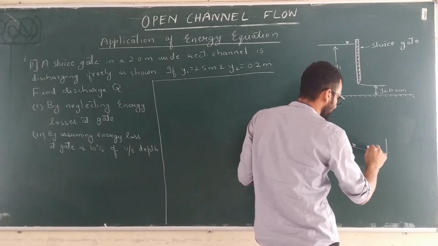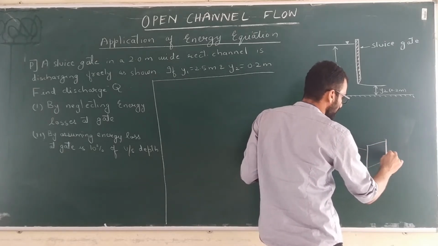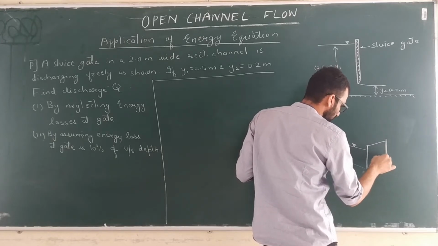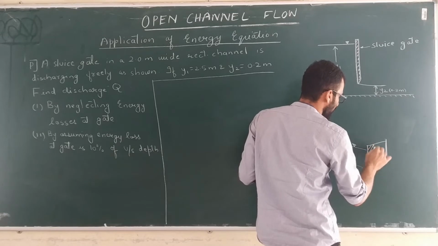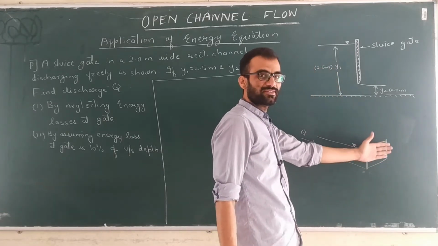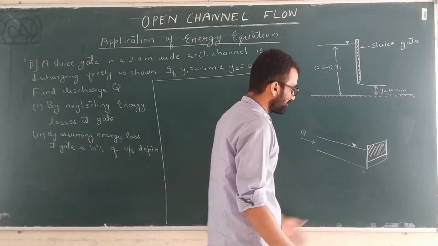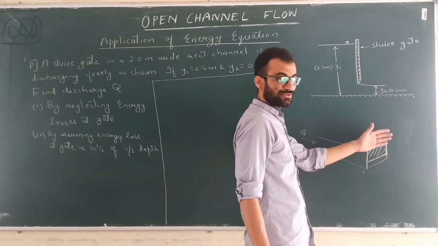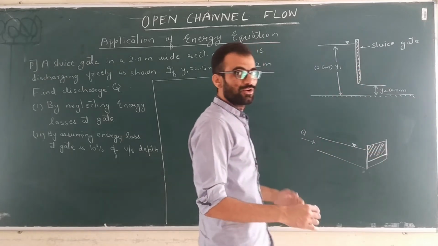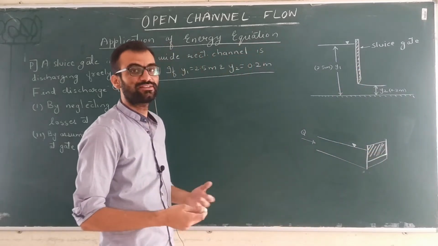We place the plate and it will stop the flow of water. This plate is called a sluice gate. It is used for flow regulation, that means for controlling the open channel flow.